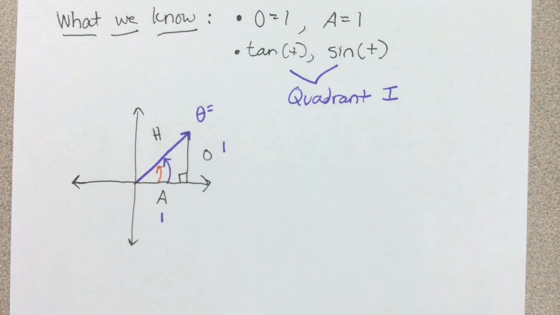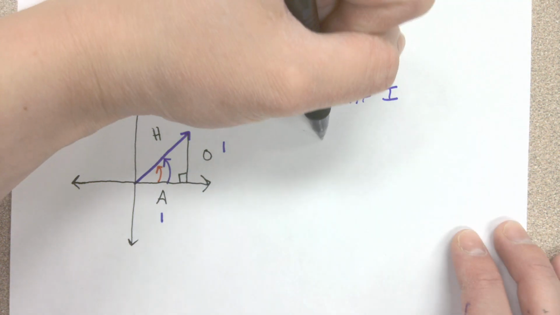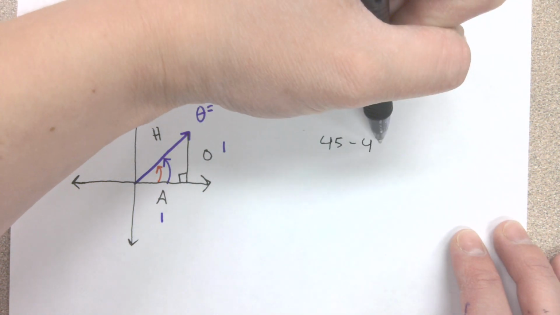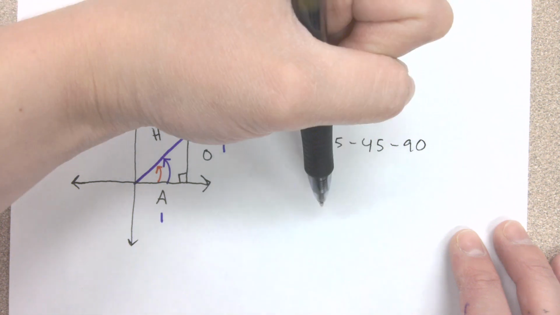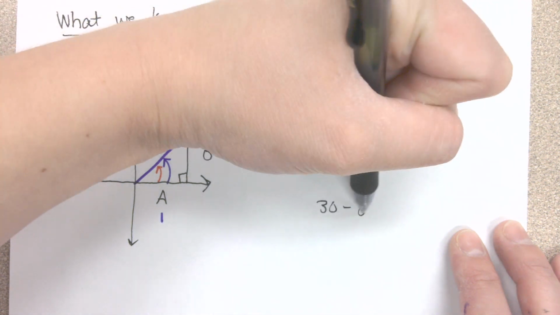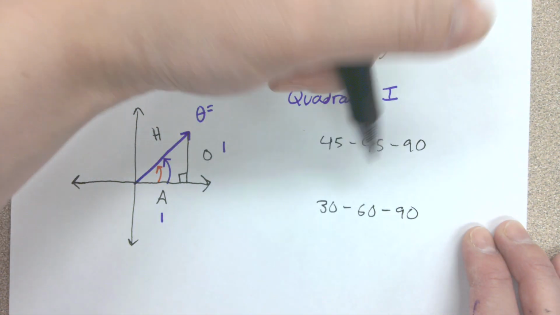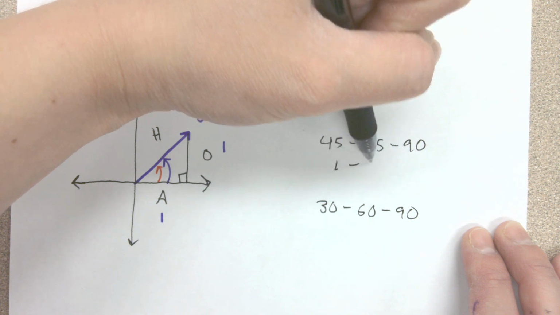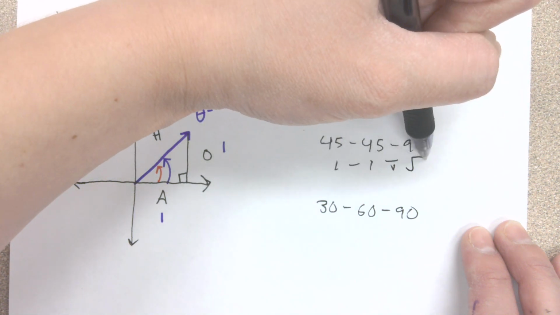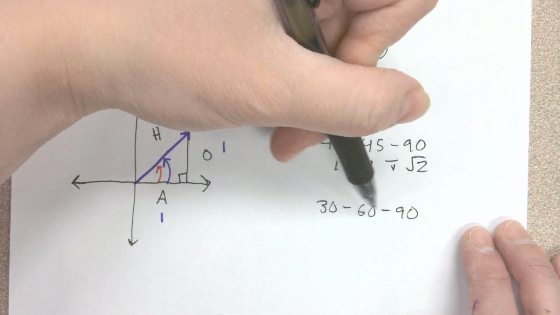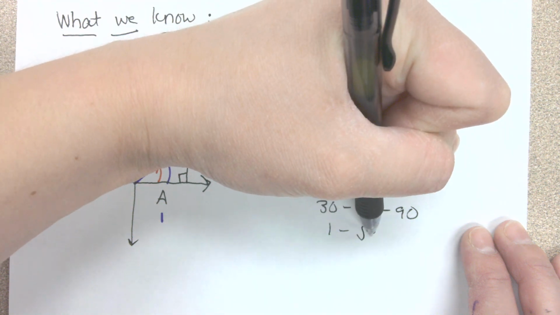Now we've already figured out that it's a 45, 45, 90. But I am going to write out both triangle options because this is what you should be thinking about as you go through the problem. 45, 45, 90, that's 1, 1, rad 2. And then 30, 60, 90, that's 1, rad 3, 2.